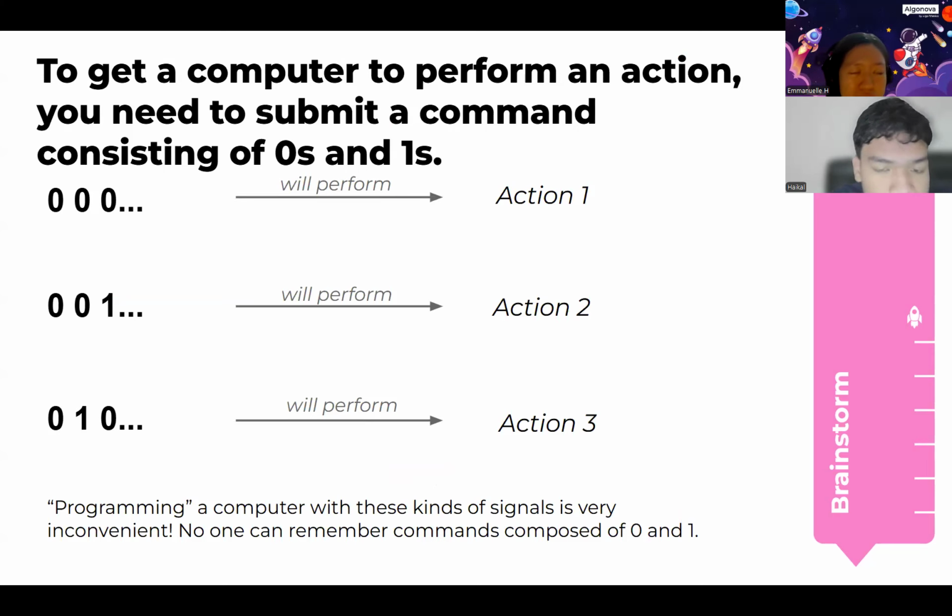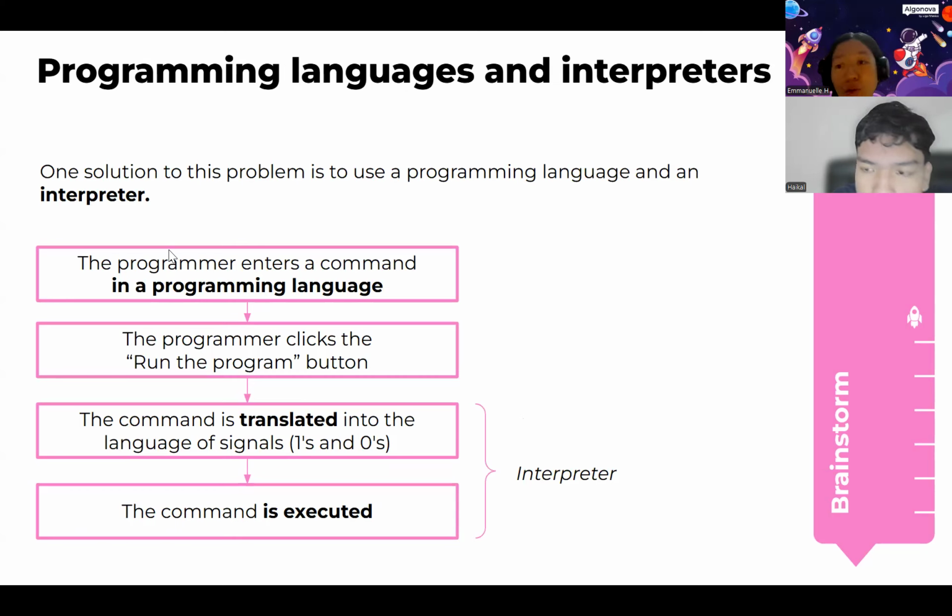So actually we use an interpreter. When we programmers write in a programming language and run the program, all of our code is translated into 1 and 0, so later the computer can understand our instructions.